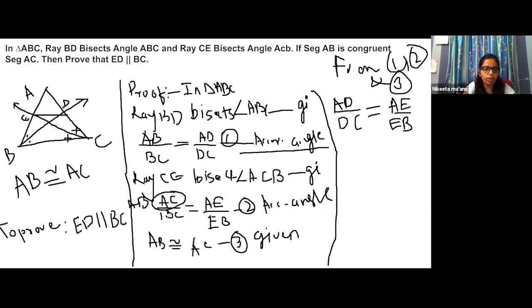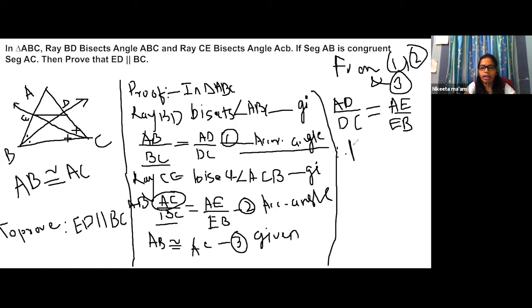AB is congruent to AC and BC and BC are the same thing. That means these two ratios are nothing but the same. So if these two are equal, that means AD upon DC should be equal to AE upon EB.